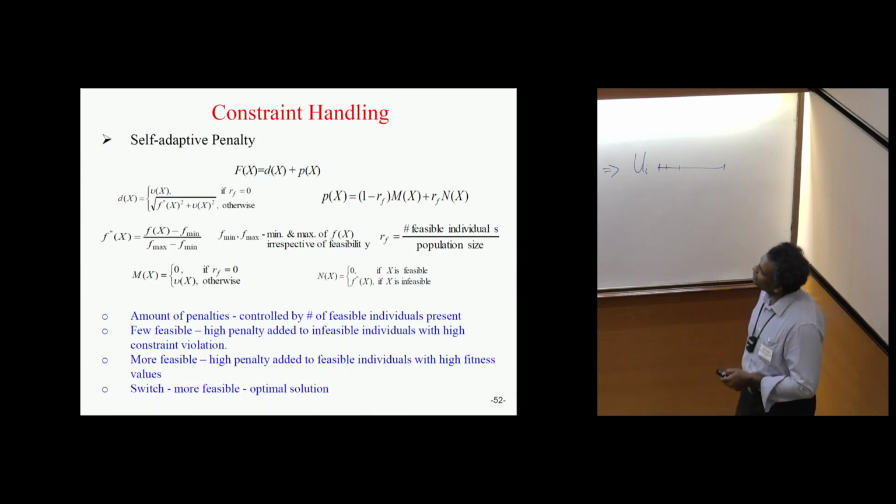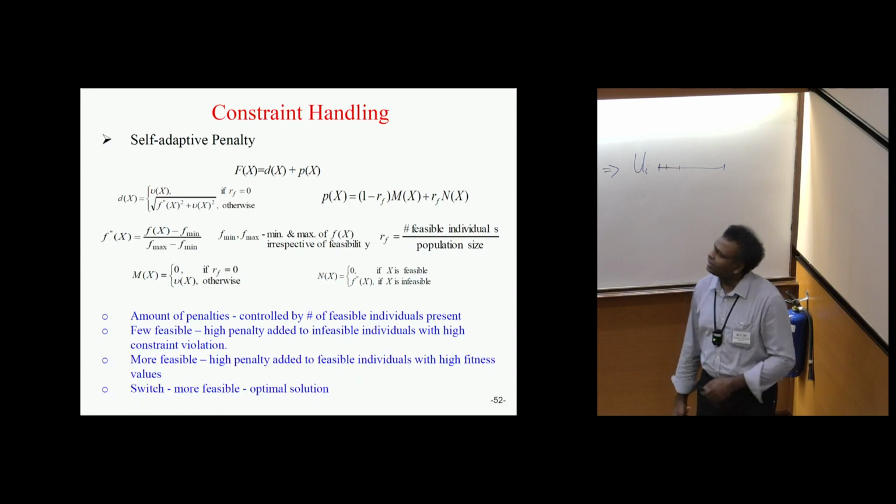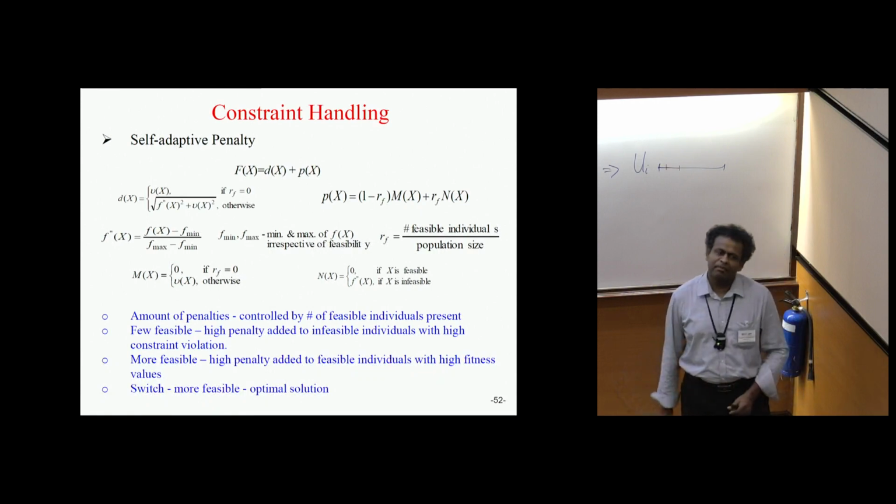So the amount of penalty added is controlled by the number of feasible solutions in the population. When the number of feasible solutions is very small, you add a high penalty to infeasible solutions. So, infeasible solutions are highly penalized.